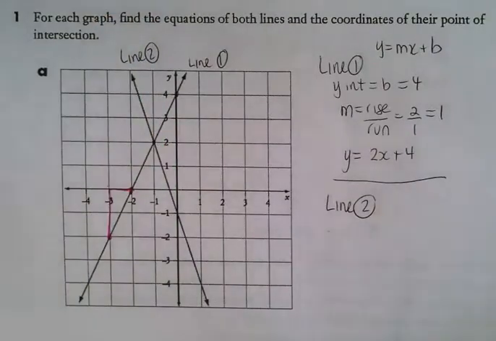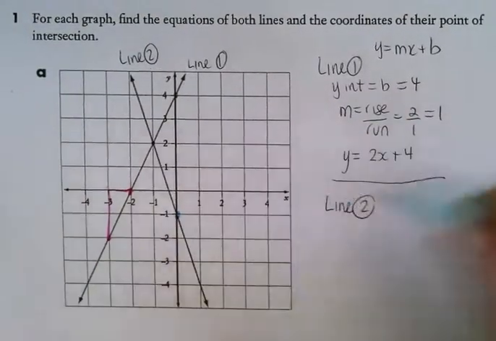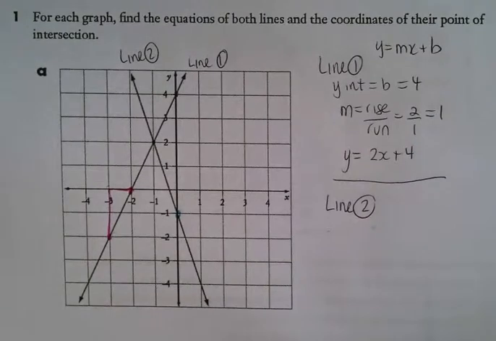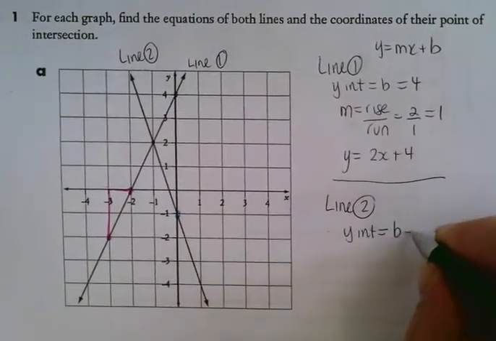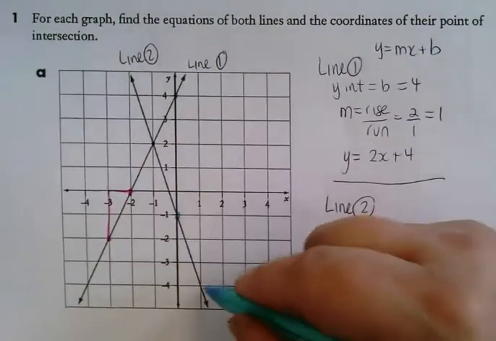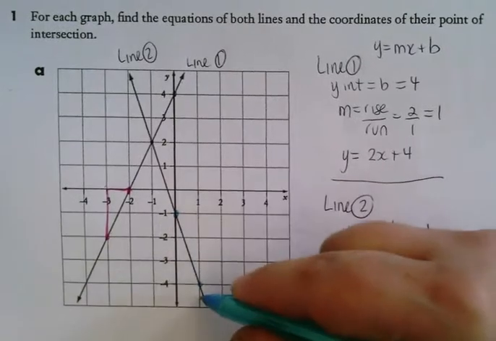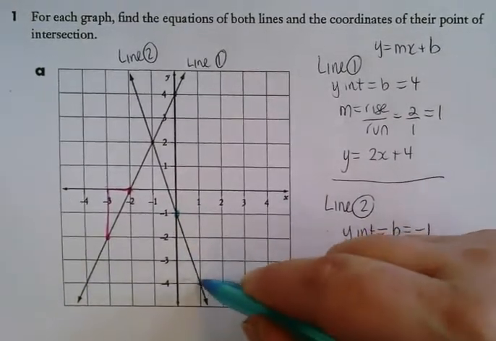So that's revision. Now line 2 has a negative gradient, and we can see already the y-intercept on line 2. Line 2 has a y-intercept of what? Negative 1. So the y-intercept, which is b, is negative 1 for line 2. And we can do a rise over run. I'm going to just do it down here, otherwise it'll get too messy up there. Picking 2 nice points on the grid.